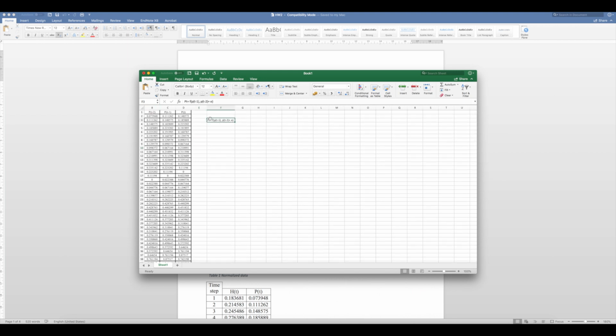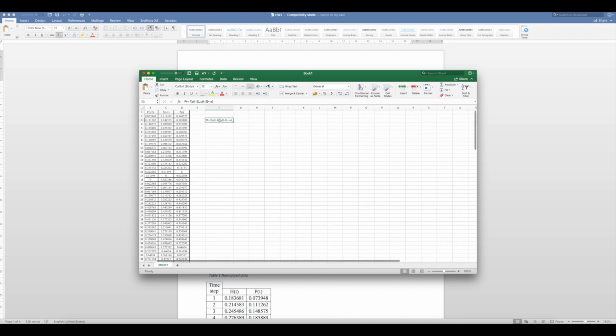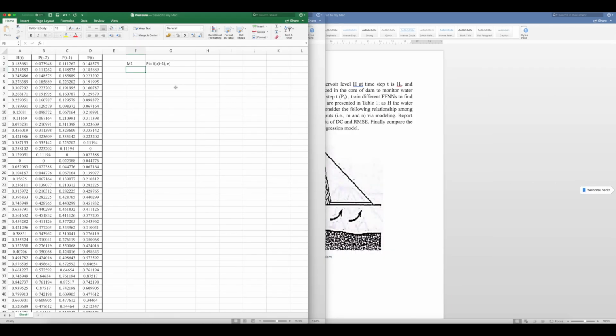So our function is this one, which can be used for predicting pt. Let's say, for example, we will consider a second model as a function when we want to predict pt as a function also of pt minus 1 and pt minus 2.